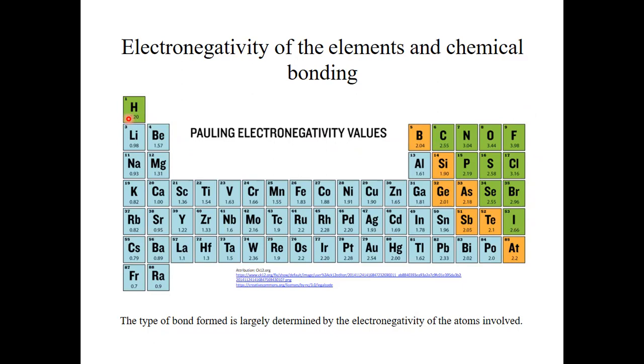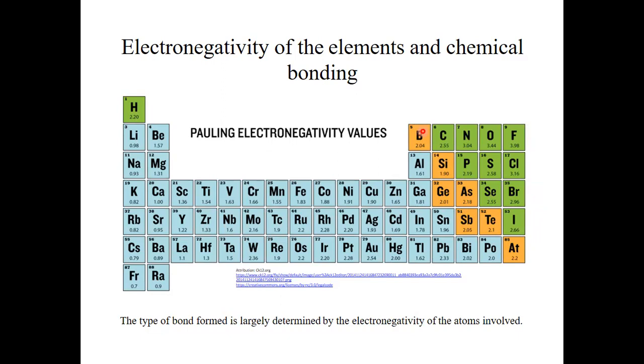So what chemical bonding do we have within the metals? Metallic bonding, okay. What chemical bonding do we have in the non-metals? Covalent bonding, correct. And within the metalloids, we have something which is in between covalent and metallic bonding.